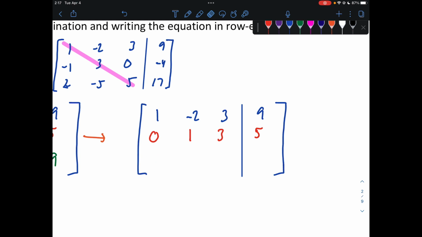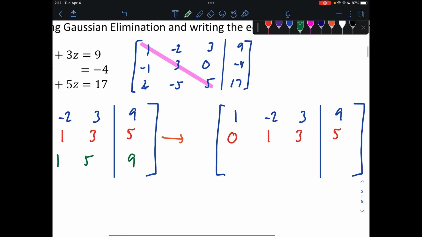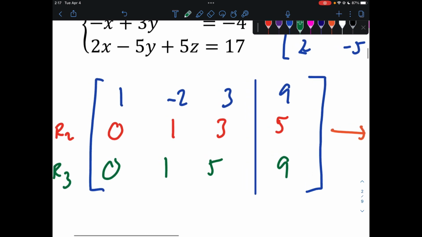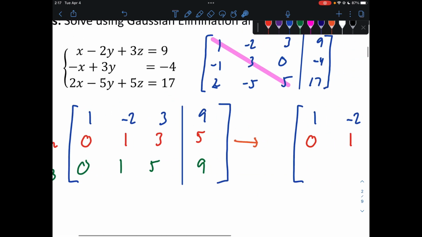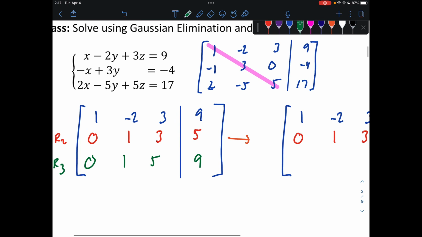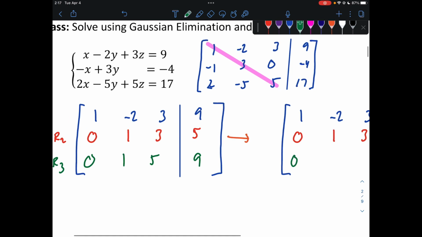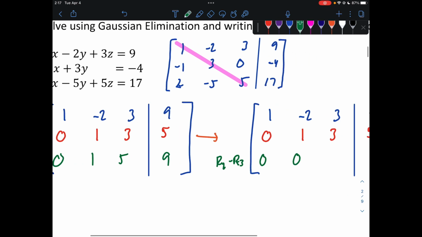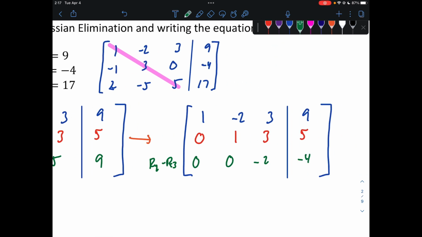We're going to take these 2 bottom rows and figure out a way to get rid of this. If we take this row and subtract this row, that'll give us a 0 there. Row 2 minus row 3: 0 minus 0 is still 0, 1 minus 1 is 0, 3 minus 5 is negative 2, 5 minus 9 is negative 4.